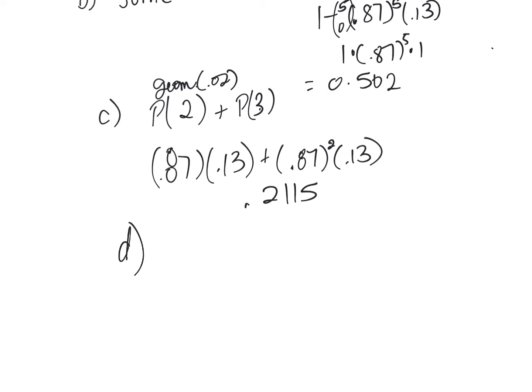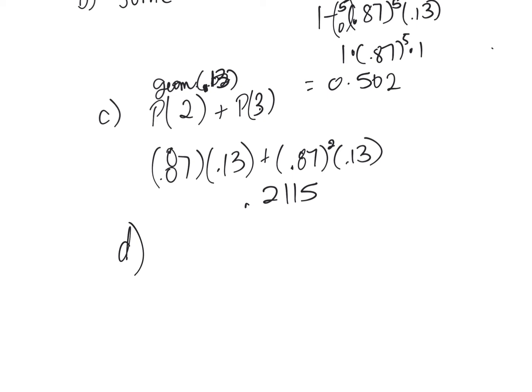accuracy. Yes? So I can do it on my calculator, so would that be acceptable on the AP exam? As long as you define the model. If you have to define the model as geo 0.02, why do I keep writing 0.02? I'm stuck on that first problem.